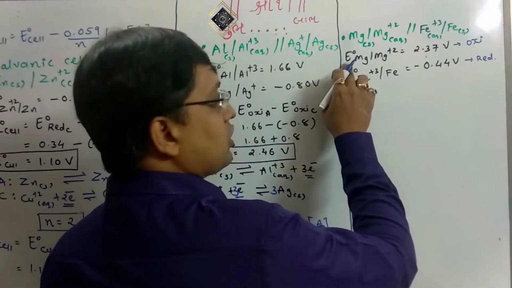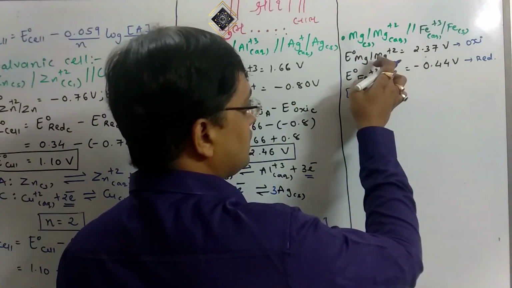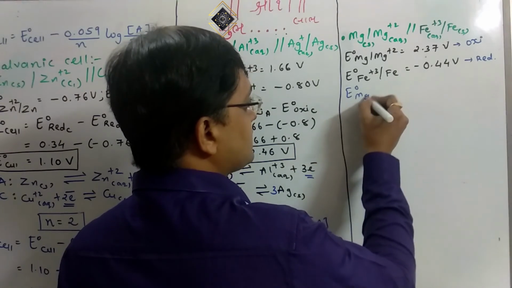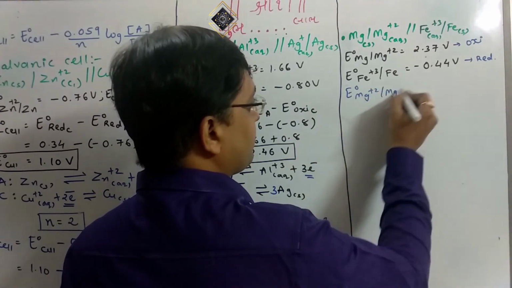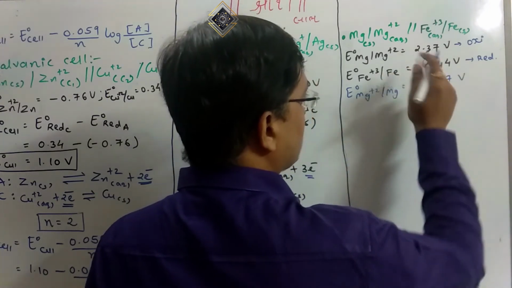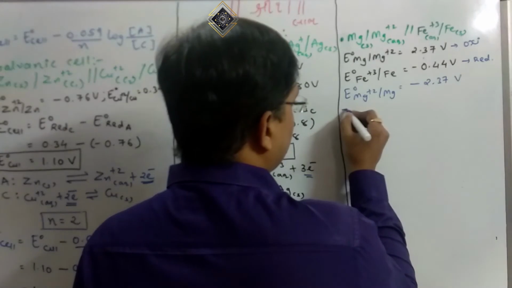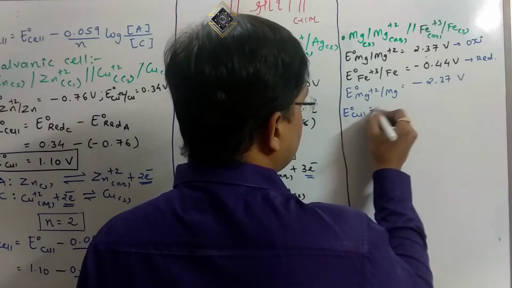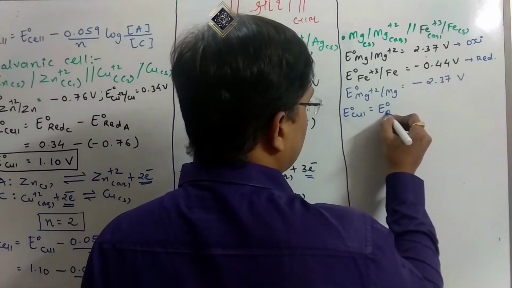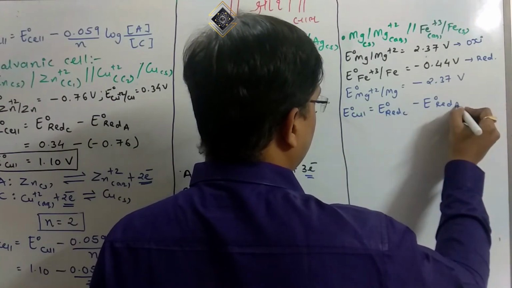I am converting the oxidation form into reduction. To convert this one, invert the representation, that is Mg plus 2 slash Mg. The value remains the same, 2.37 volt, but it takes the opposite sign, that is minus. Now apply the formula of E0 cell, that is E0 reduction of cathode minus E0 reduction of anode.